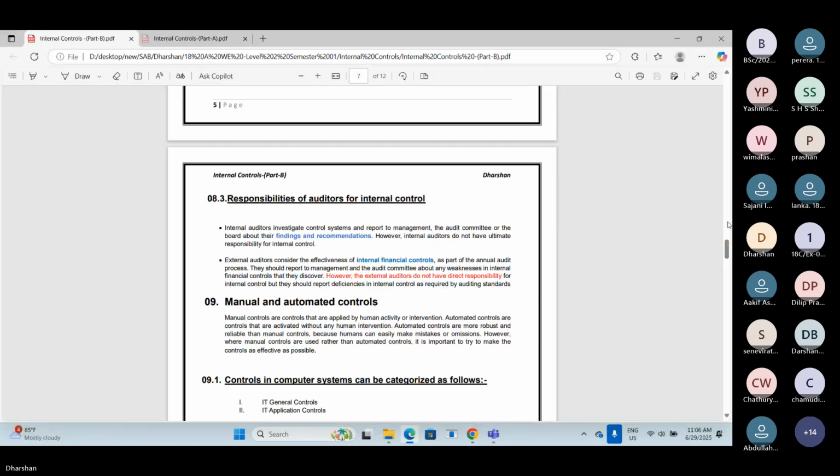After review, second point: internal auditors should submit their findings, in brackets, weaknesses. Write findings in brackets. After review, internal auditors should submit their findings, weaknesses, and they should provide recommendations.